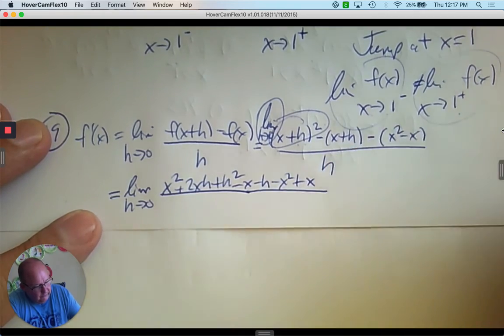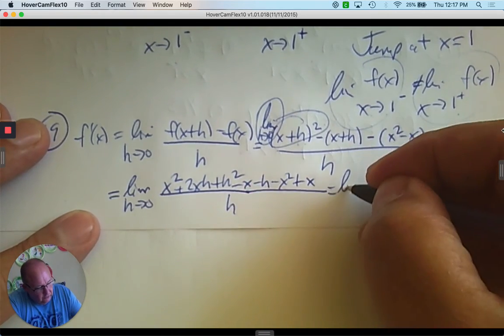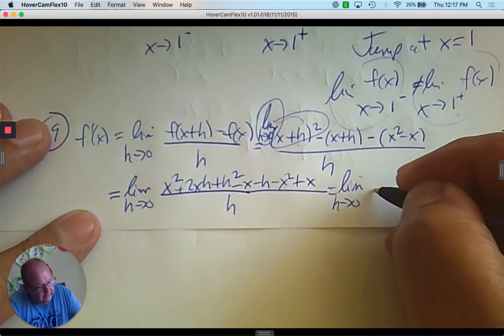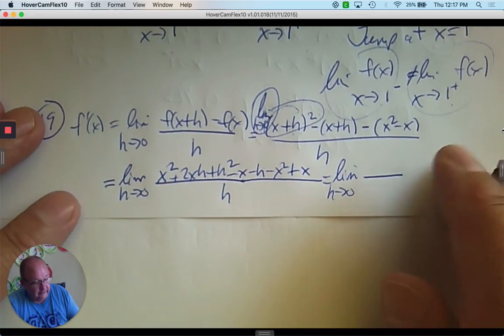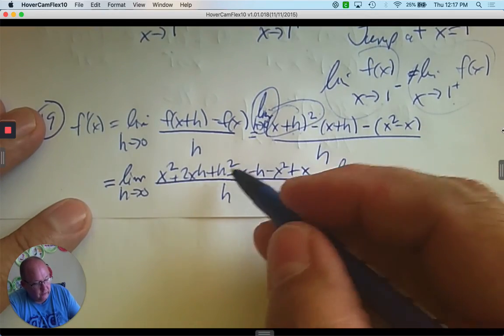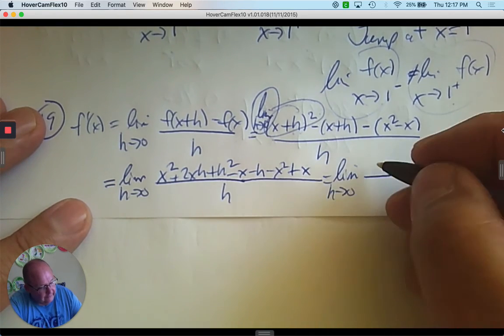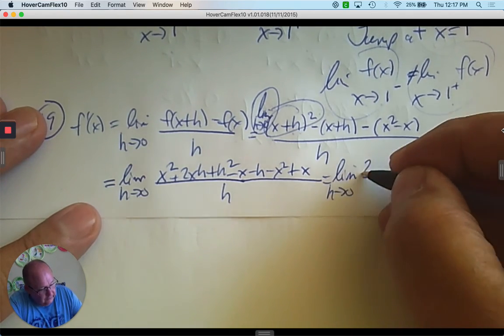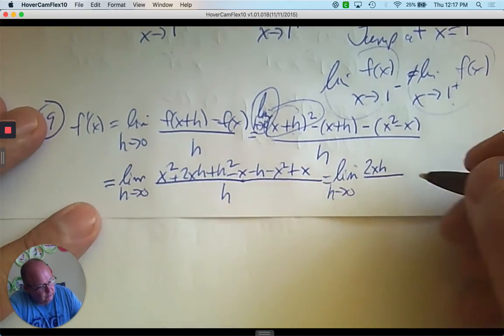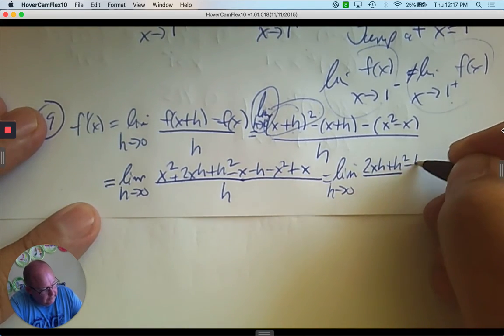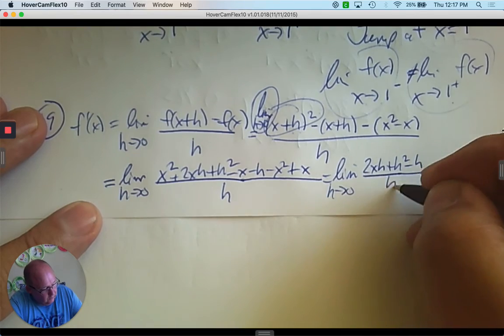So be careful of your signs. Again, don't leave your limit notation. Now it's going to get much easier because we're going to start simplifying. So x squared minus x squared, h squared, negative x plus x. So all that leaves me with is 2xh, h squared minus h all over that.